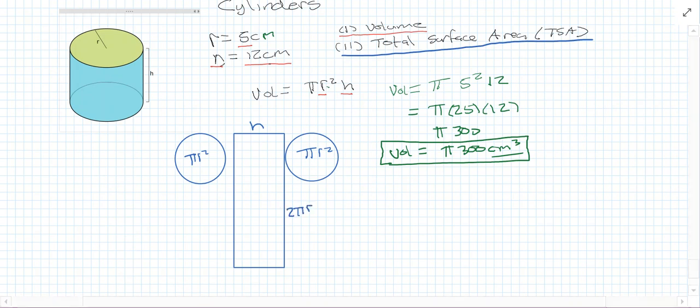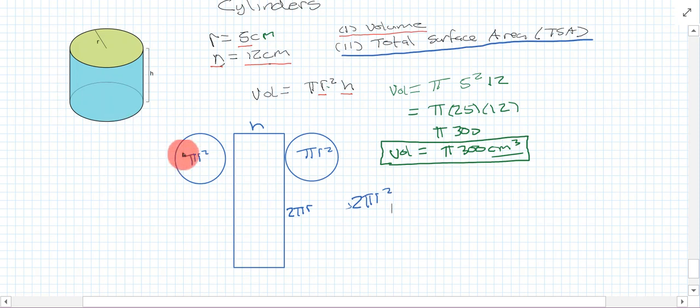So what we're trying to do is get the area of all of these surfaces together. We have two circles, the bottom and the top of the cylinder, so it's going to be 2 pi r squared.